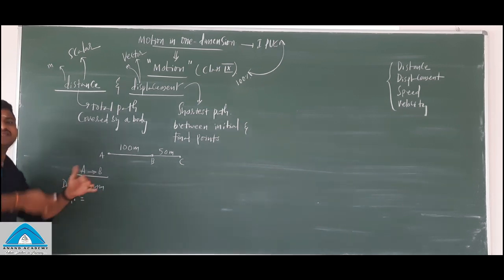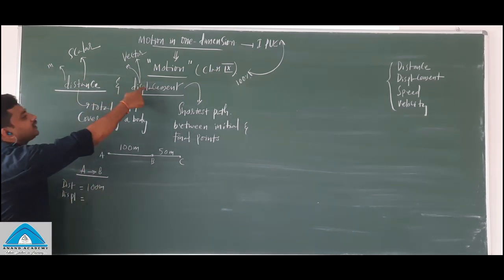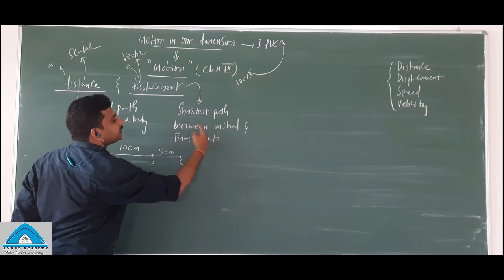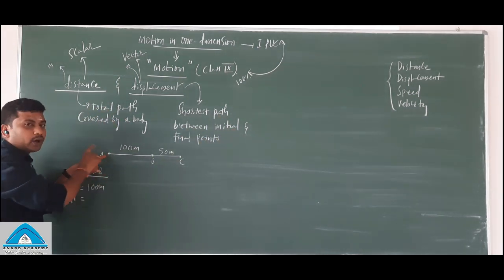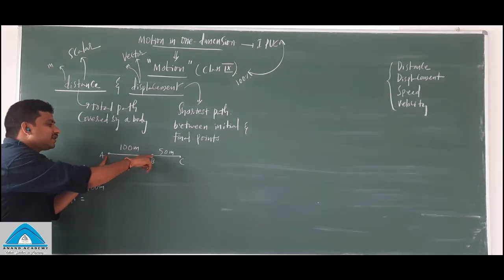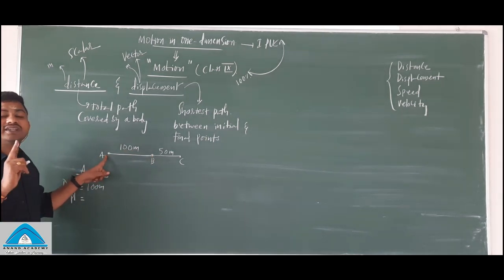Now, what is the displacement? Displacement is the shortest path between initial and final points. This is the point A, the initial point, and this is the point B, the final point. So what is the displacement?